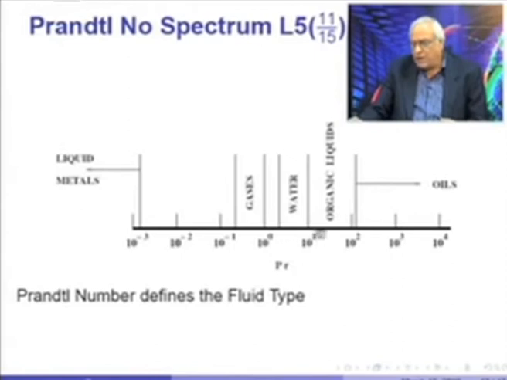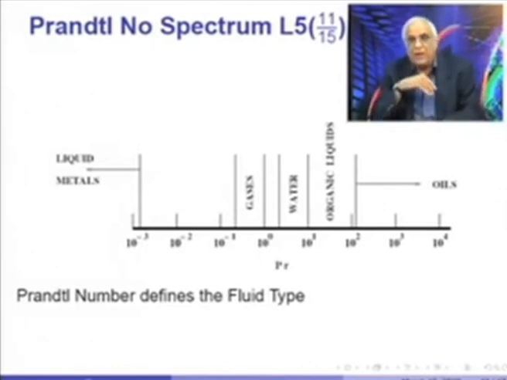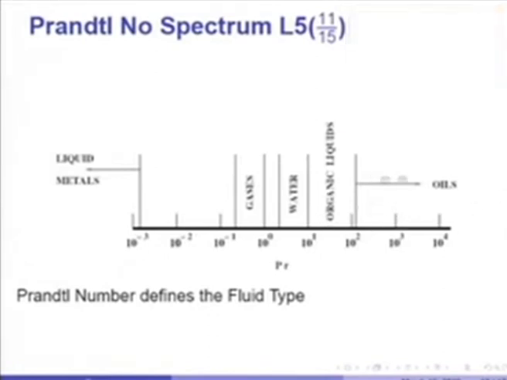But if you extend that to about 100, you will get many organic liquids included in this range. If the Prandtl number is much greater than 100, then usually you will encounter very viscous oils, because Prandtl number has viscosity in the numerator, and usually oils have very large Prandtl numbers.